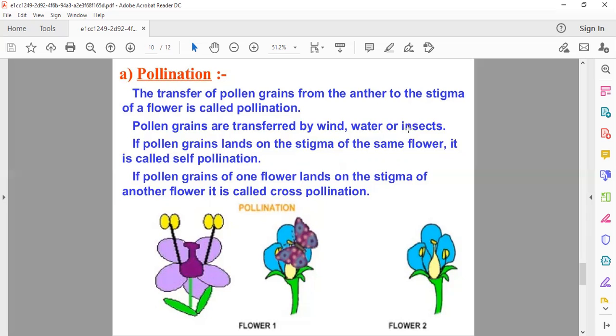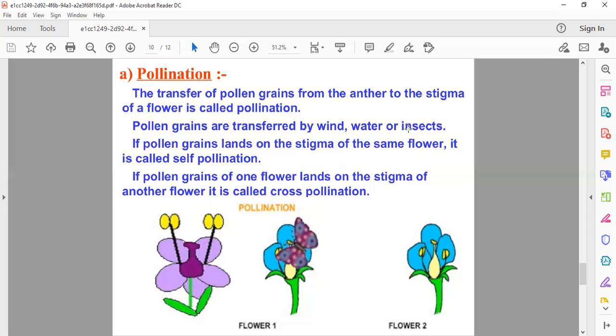Now let's study what self pollination is. If pollen grains land on the stigma of the same flower, then it is known as self pollination. Children, listen very carefully.